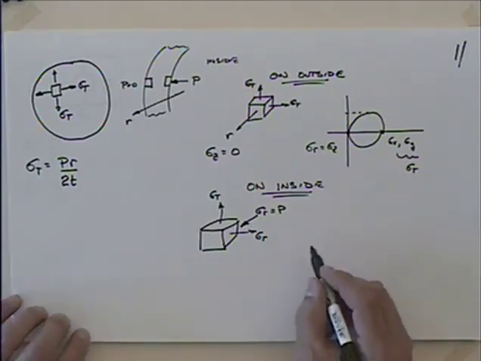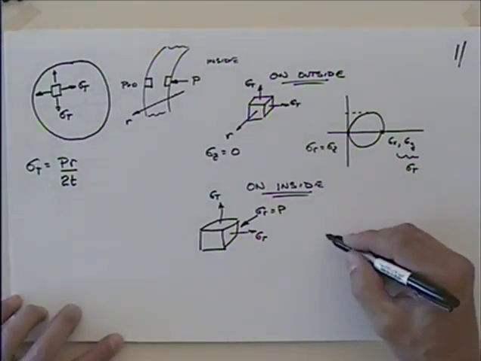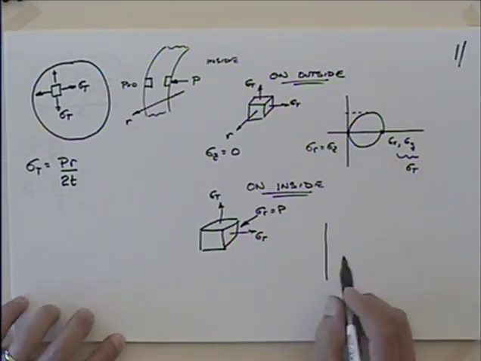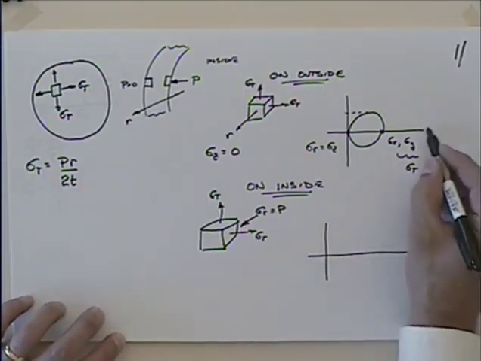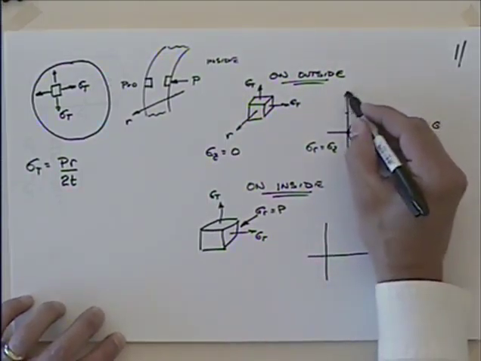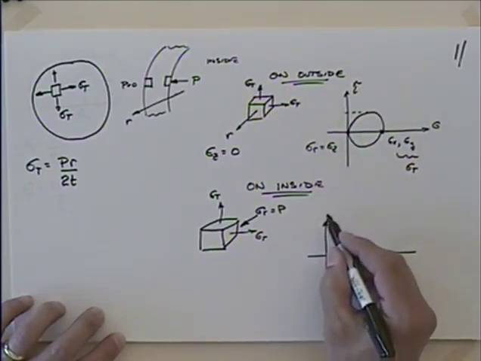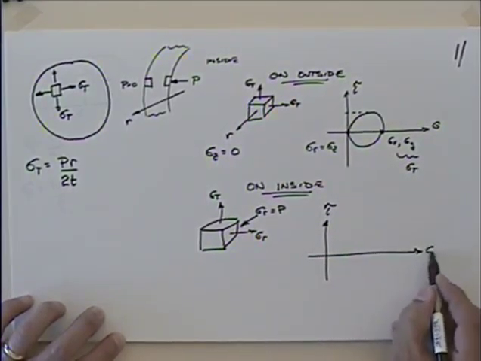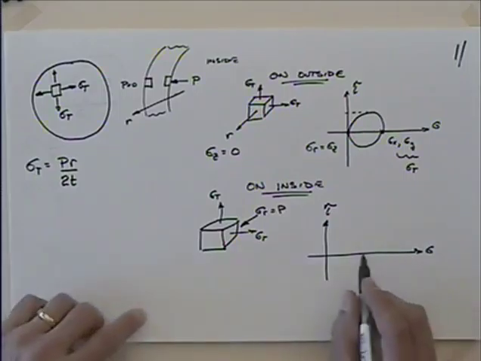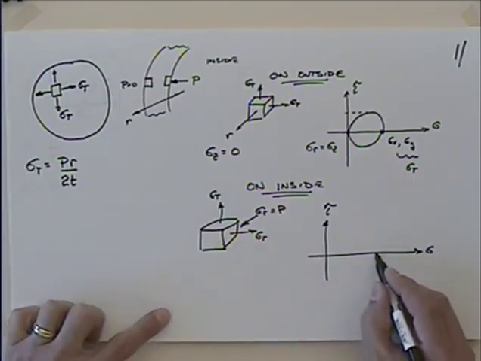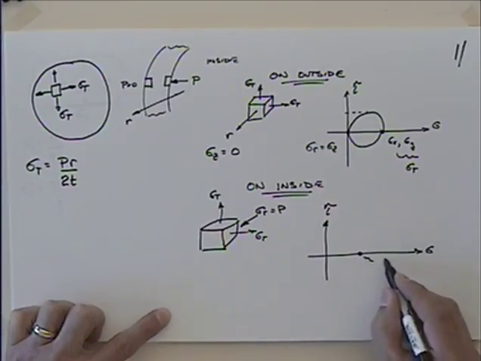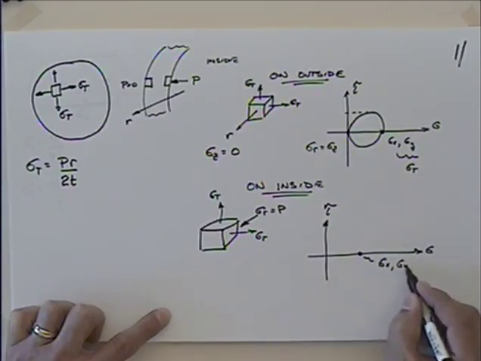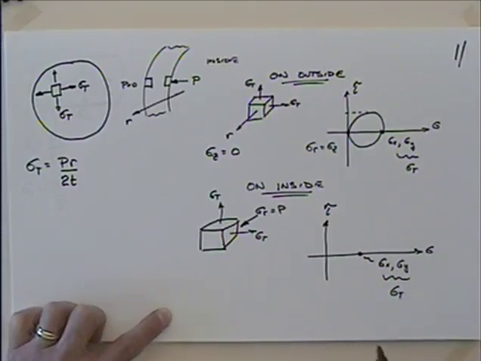So if I look at a Mohr's circle representation of this one, maybe I better put sigma and tau here. Tau, sigma. Again, the sigma x and sigma y would be the same point. So that's sigma x and sigma y, which are really sigma tangential.